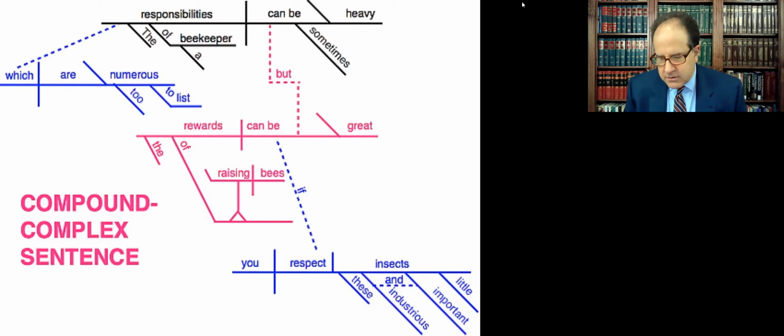And then there's another clause that's dependent on that one: if you respect these industrious and important little insects.